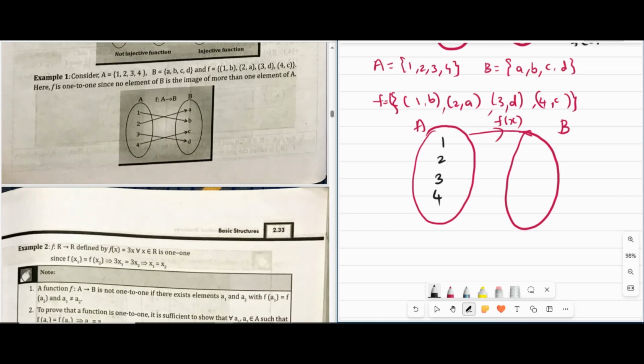The elements of b are a, b, c, d. We'll just map it again.